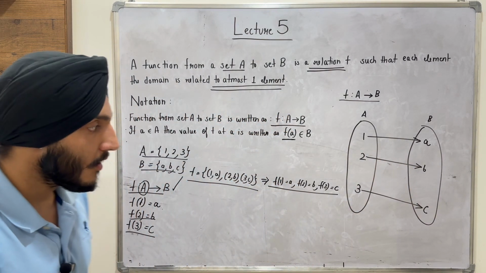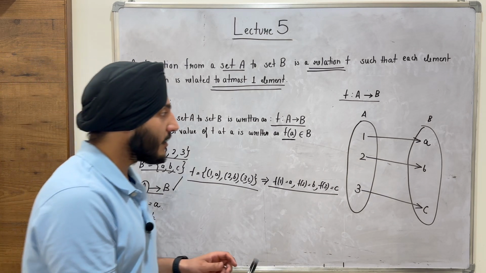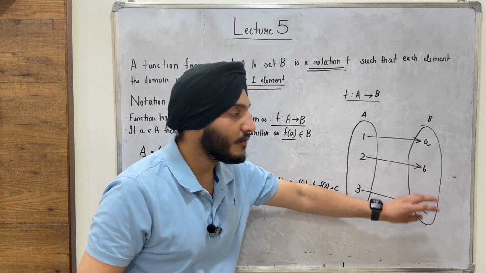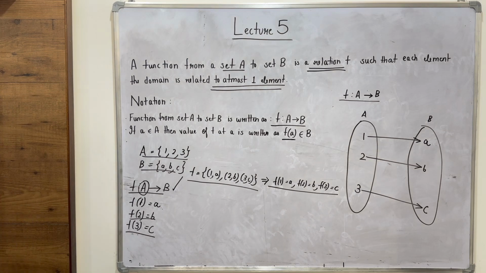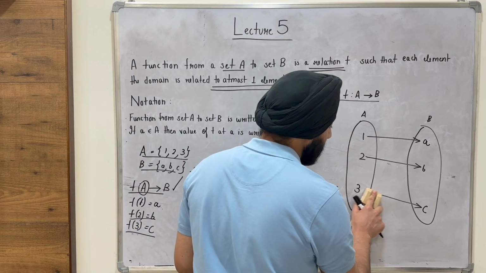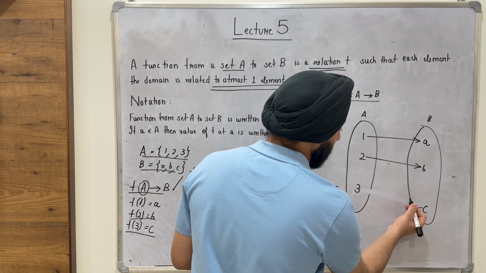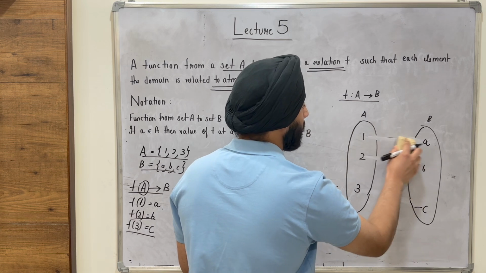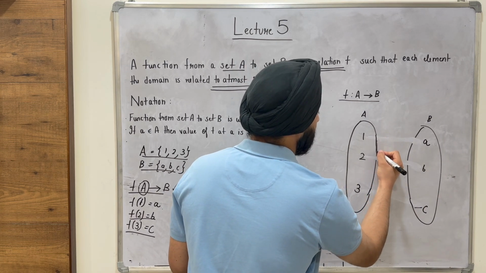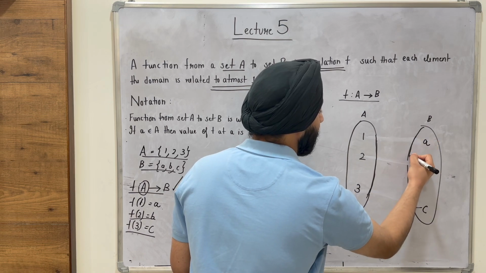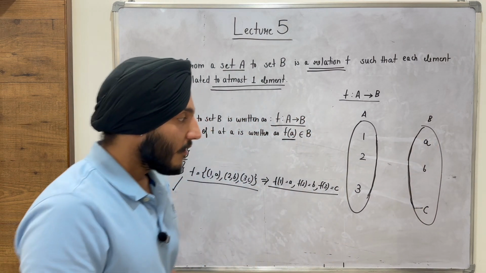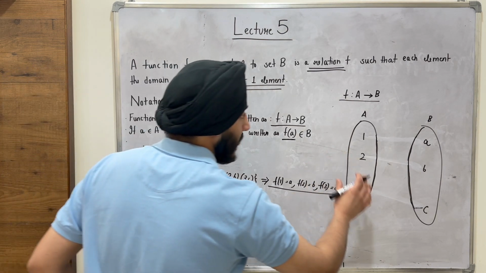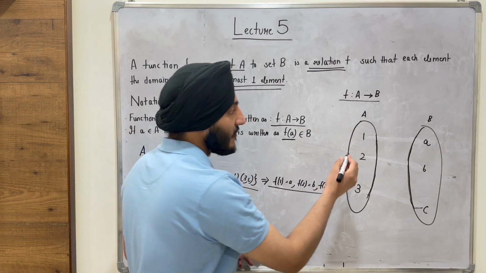That's the basic idea. One more thing to understand is it's not necessary that all three of these values have a resulting value in the set B. What my point is that it could be the case that maybe 3 does not have a resulting value in set B. Maybe 2 doesn't have it either, and maybe none of them have a resulting value in the set B over here. That would still be a valid function. But the only case where it would not be a valid function is when any of the values in the set A result in multiple values.